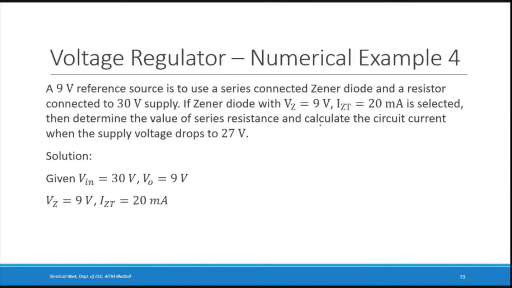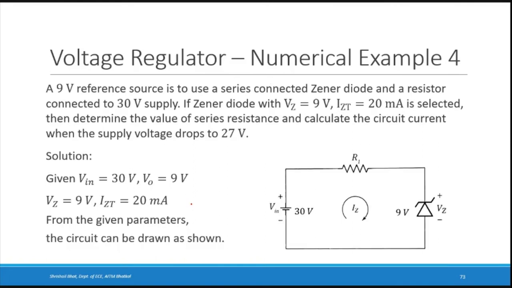Then it is also given that we are going to use a Zener diode with Vz equal to 9 volts and IZT, the test Zener current, is 20 milliamps. From the given things, you can draw the circuit like this. It is not given, but you can draw it. Vin is 30 volts. Vz is 9 volts. R1 you are asked to find. What is the value of R1? IZ is given as 20 milliamps. Okay, the test current, that is the IZ, that is 20 milliamps.